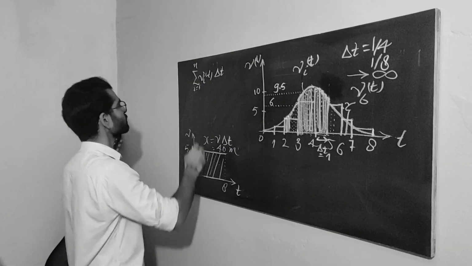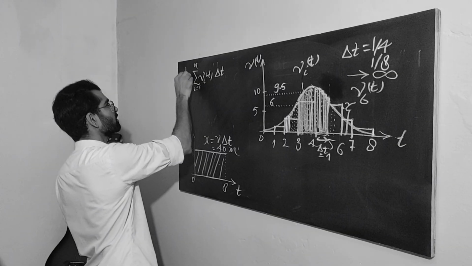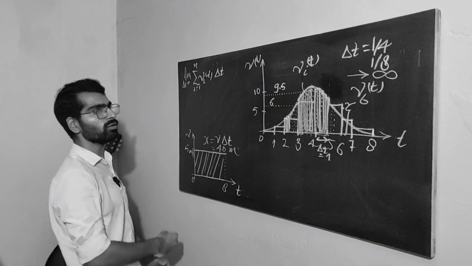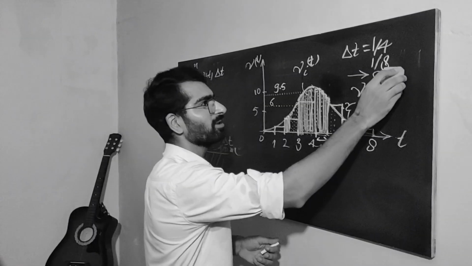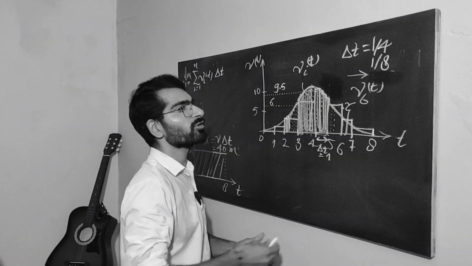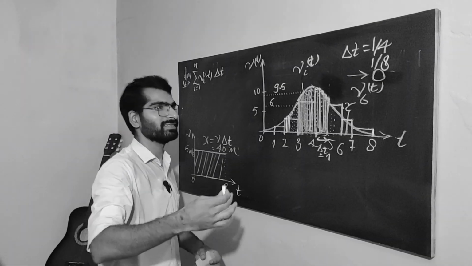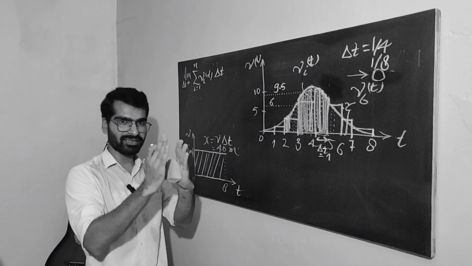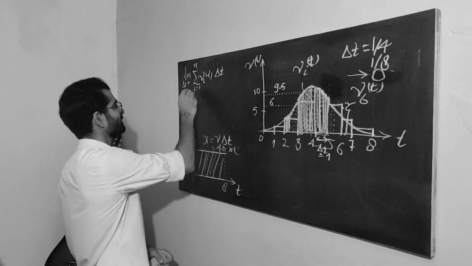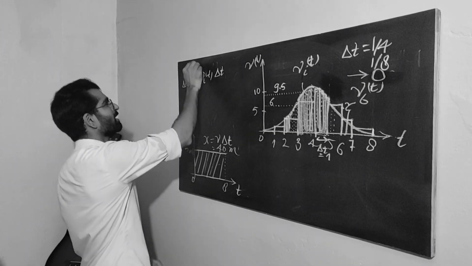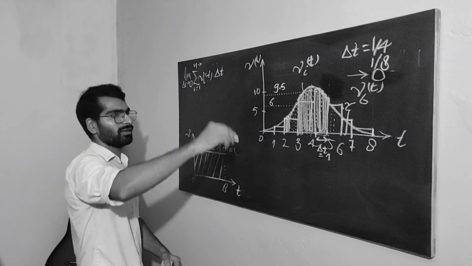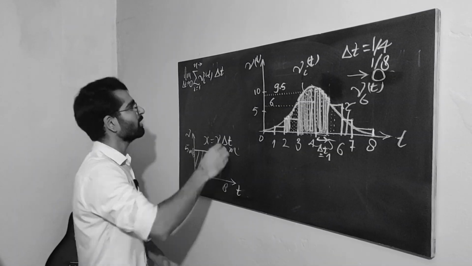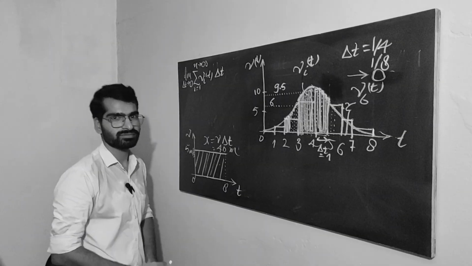So what we do is we let delta t approach, oh excuse me, 0. In my enthusiasm I wrote infinity, but it was 0. We are getting shorter and shorter, right? So it is really 0. Then those rectangles are going to be infinitely many.